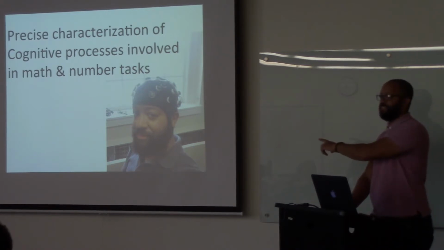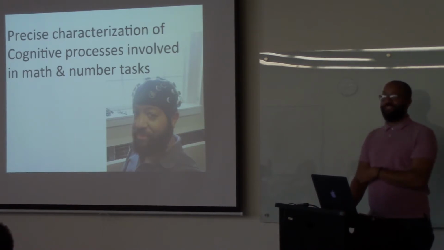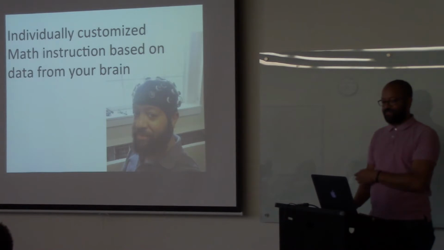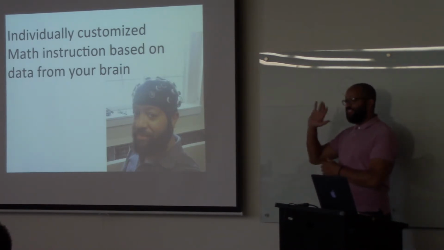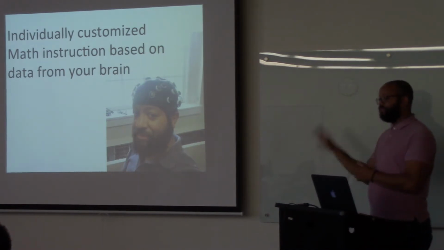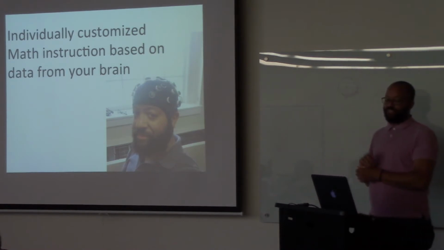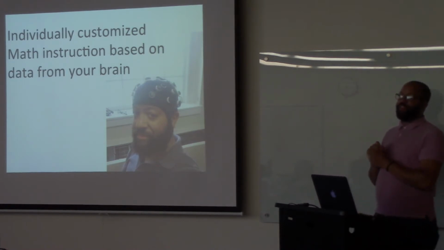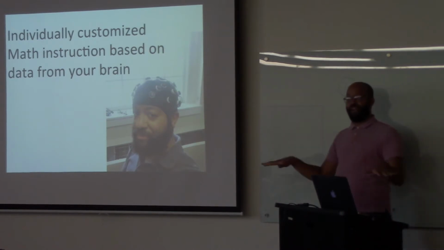So this is my fancy new EEG setup. It's nice because it's wireless, so you can just walk around if you want to study walking. The very high-level goal, if you think about children in an educational context, is individually customized math instruction based on data from that particular individual, not the group average.